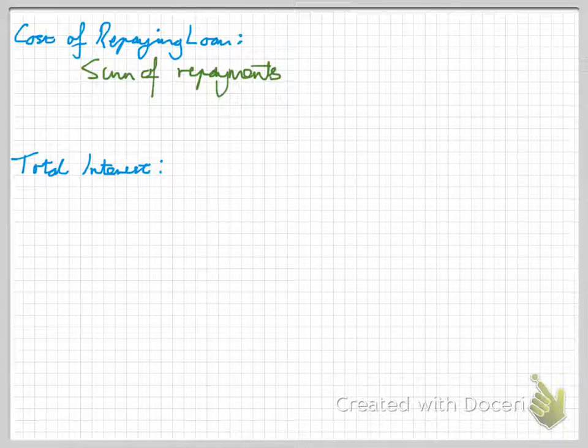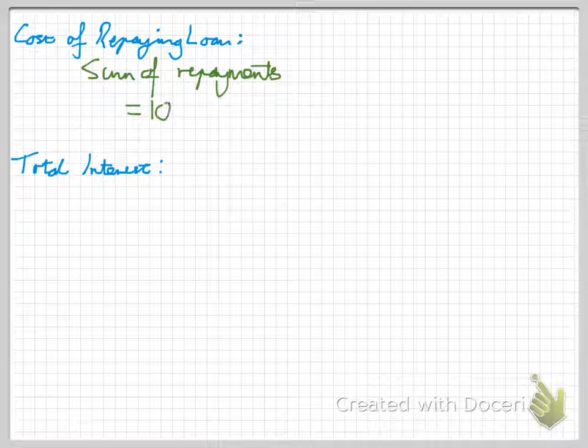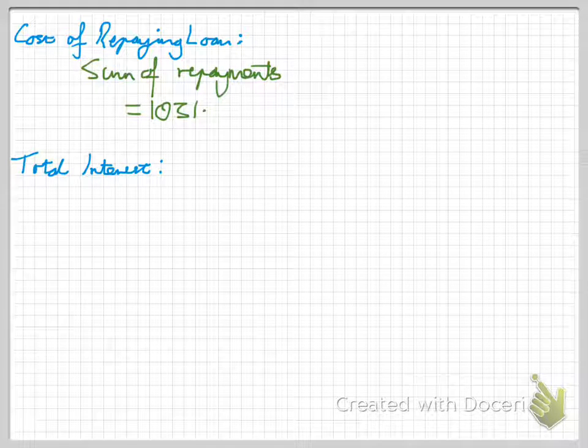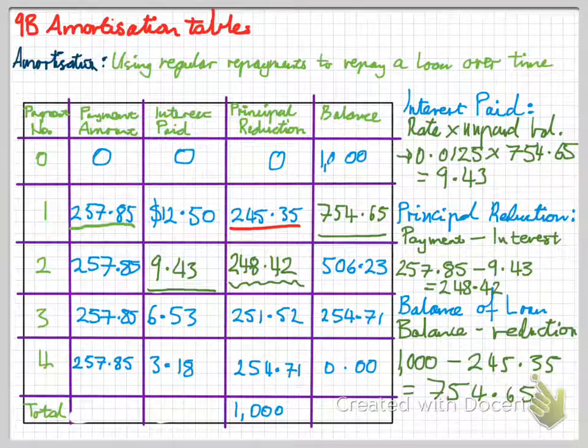So the sum of repayments there, if we calculate the repayment amount, equals $1,031.44. Go back, pop that in.